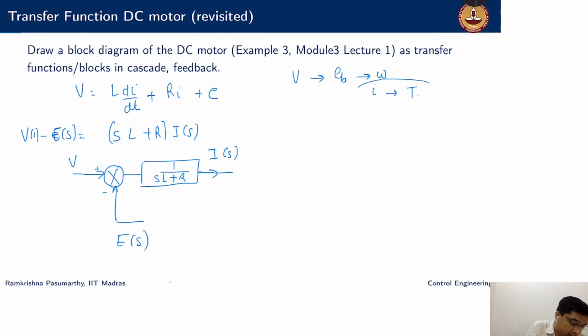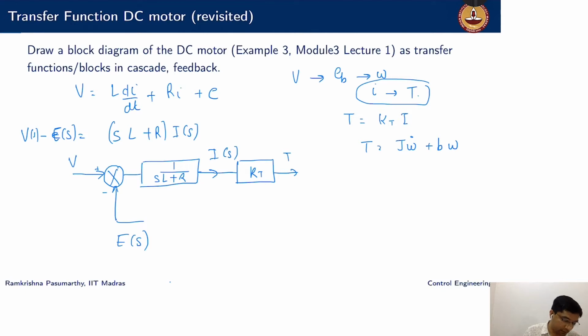What we know is that the current and the torque are related in the following way: T was equal to KT times I. So this I gets multiplied by KT to generate the torque. And then this torque goes through, what is T? T is related to the moment of inertia and the frictional component.